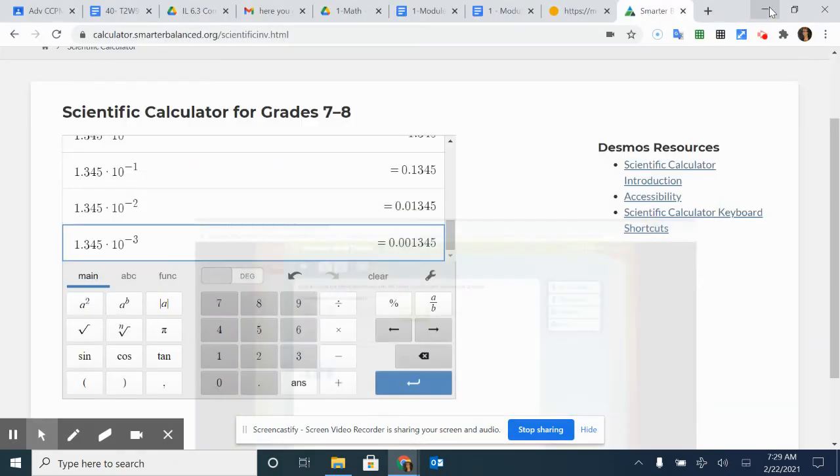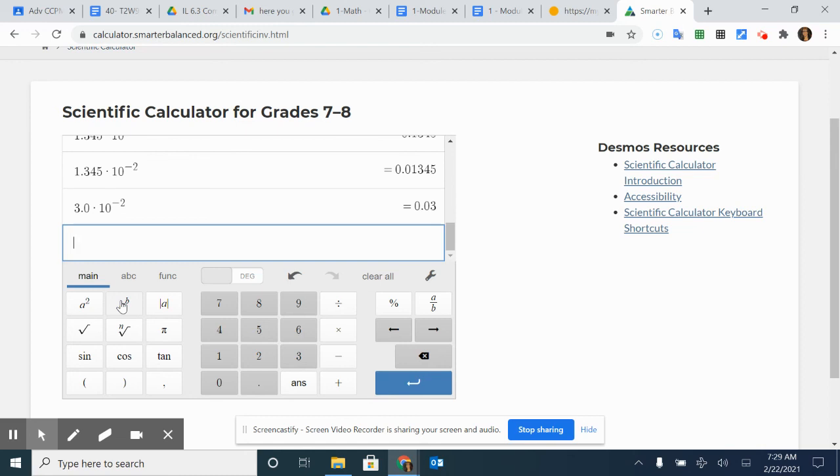So it is 3.0 times 10 to the -2, and then I have 2.0 times 10 to the -2. So which one is smaller? 0.03 or 0.02? This one is smaller. 2 cents or 3 cents? So 2 cents is smaller.